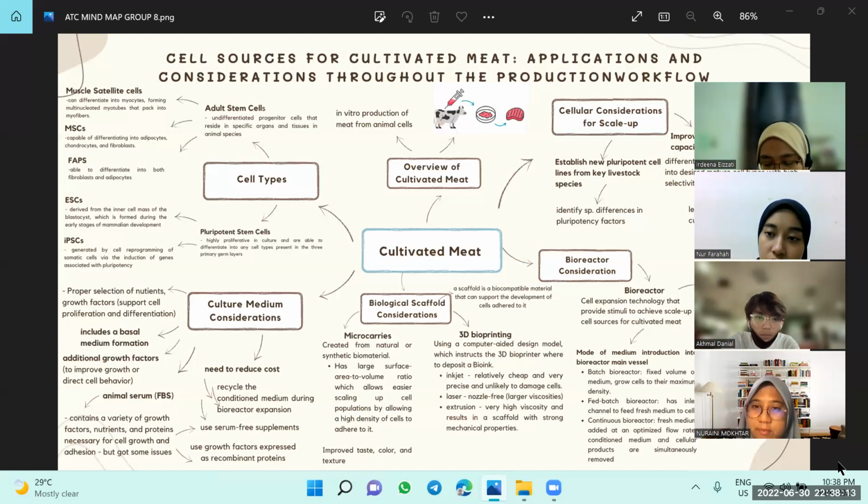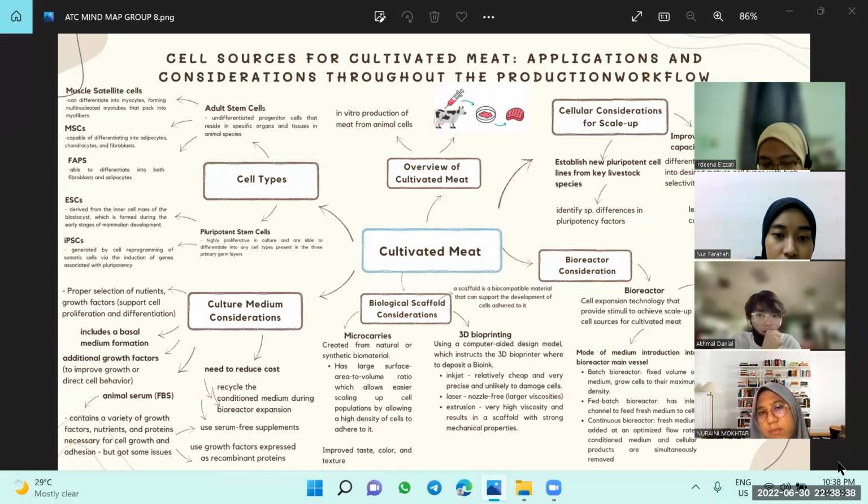The next important consideration is differentiation of the starting cell source into desired mature cell types with high selectivity and yield. And the final aspect that we need to consider regarding scalability of cell sources is the level of structure in the final cultivated meat product.